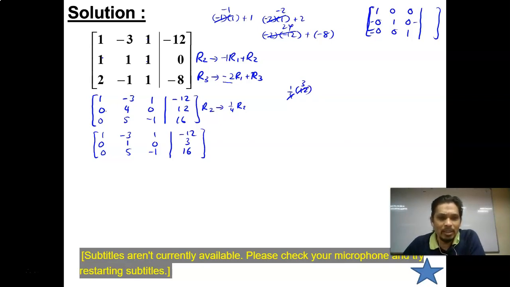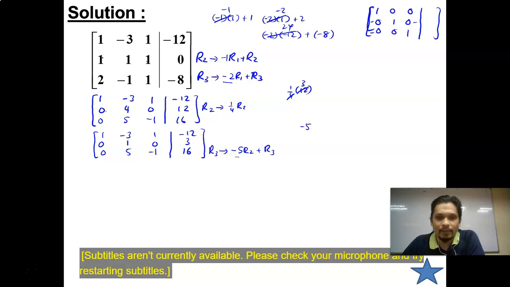Okay, so I'm going to change this 5 into 0. For the new R3, we make an operation between this 5 and this one here. So negative 5 R2 plus R3.